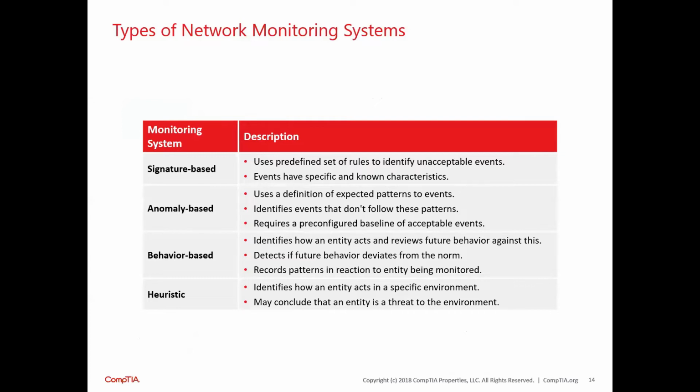Behavior base means we need a baseline that allows you to detect any deviation or difference from normal operations. And we also have the heuristic, which identifies the entry based on a specific environment.